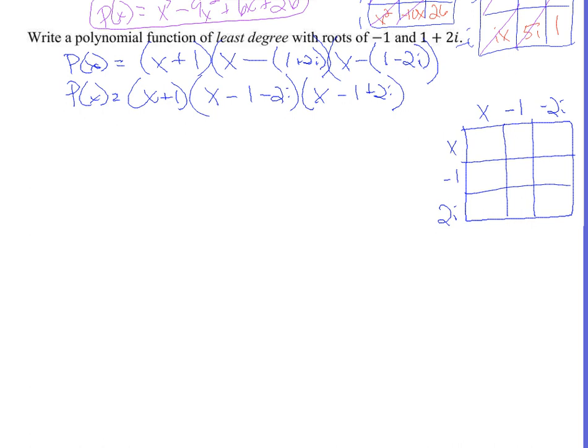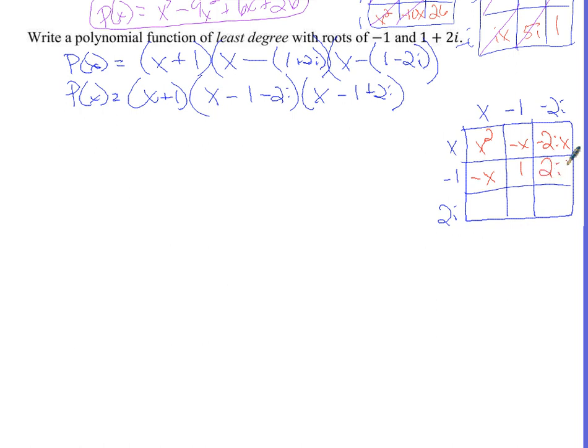So let's read off the top row. What will it be? Negative 2ix. Good. And the middle row. Positive 1. Positive 2i.